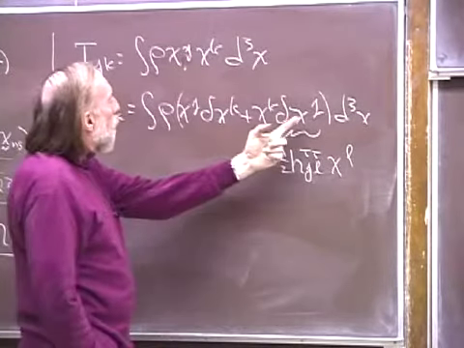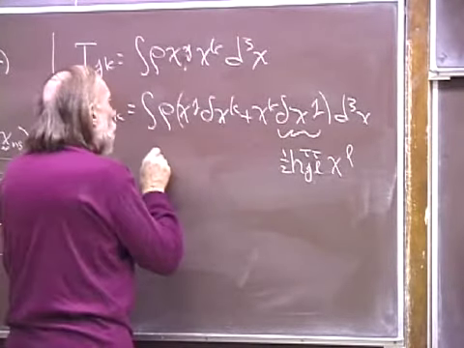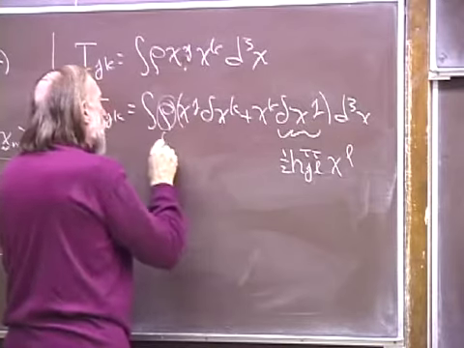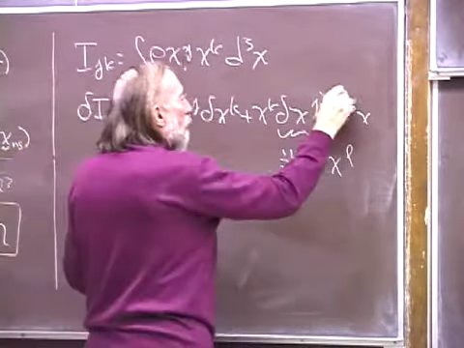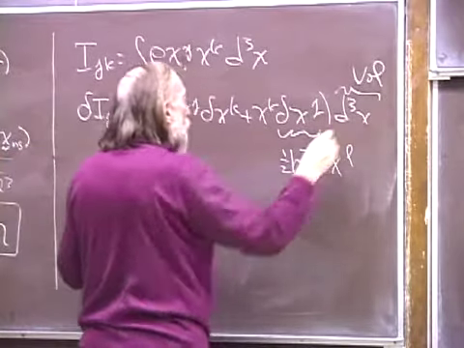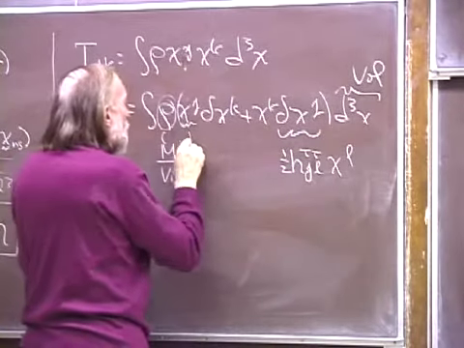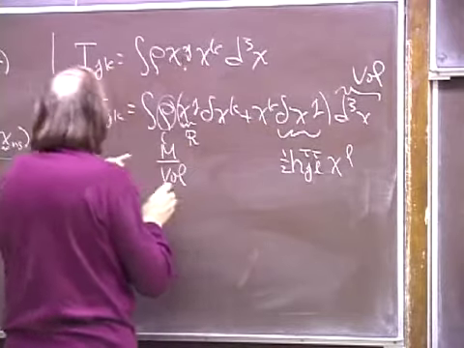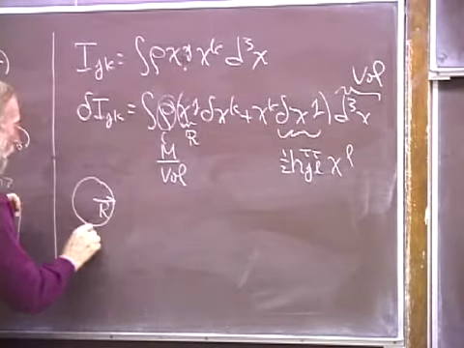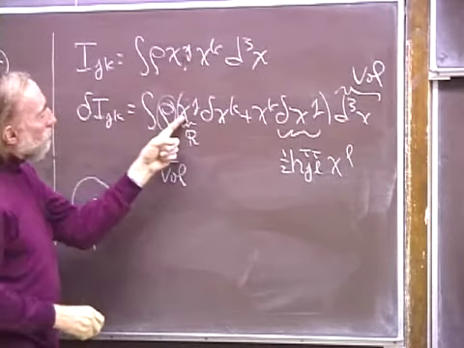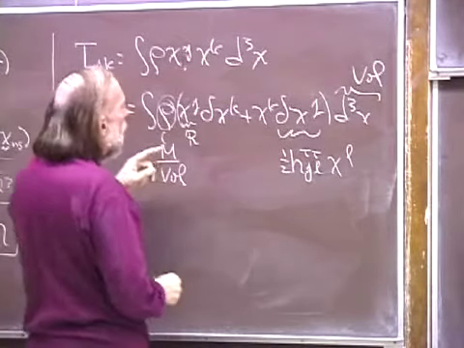And so if you go through here and note that rho looks like the mass of the neutron star divided by its volume, and here this integration gives us a volume, and each of these x's is a size of the neutron star. I'll take the neutron star to have a radius r, has a mass m. So I'll replace each of these x's by an r.